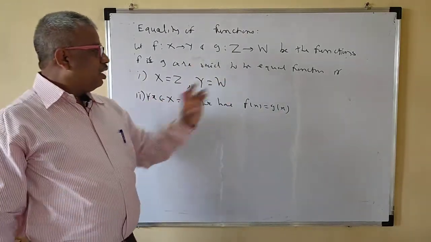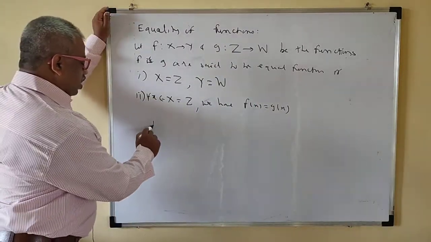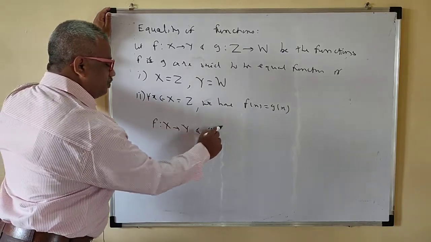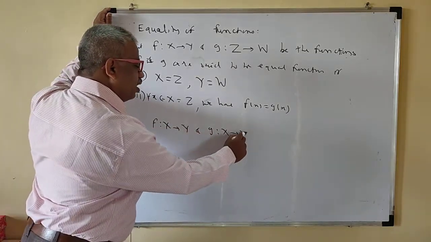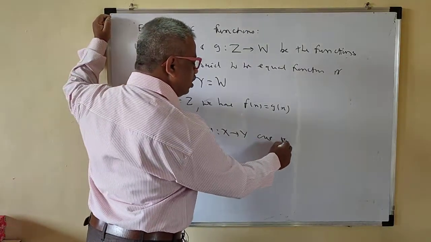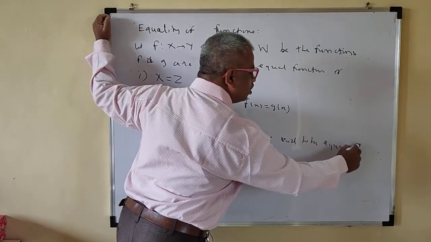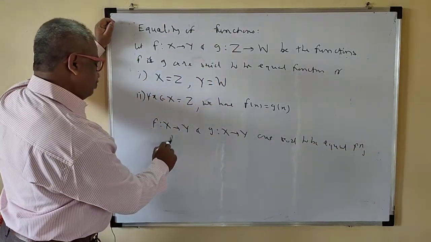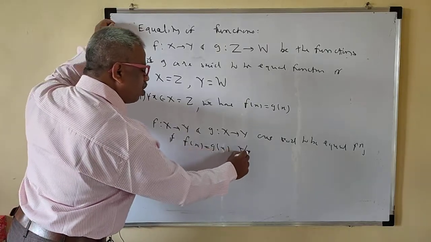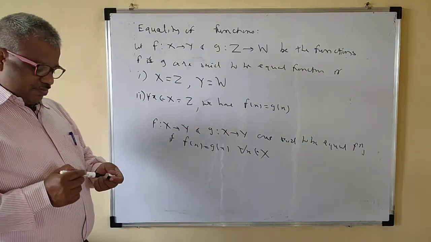Then we say that these two functions are the same. Simply we write: f from X to Y and g from X to Y are said to be equal functions if f of x is equal to g of x for all x belonging to X, because the domain and codomain are the same here.